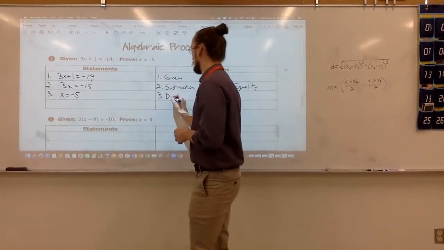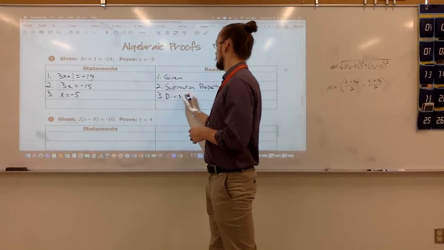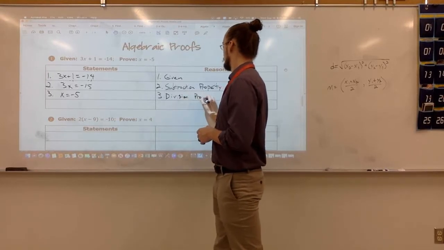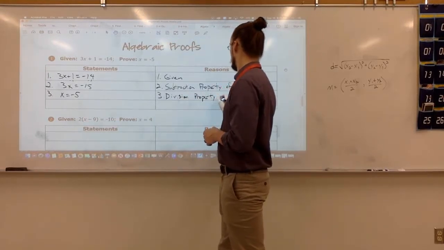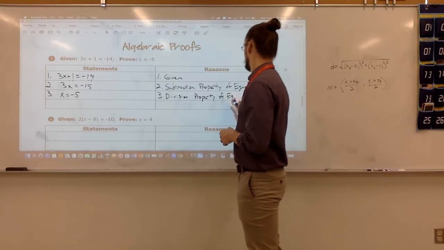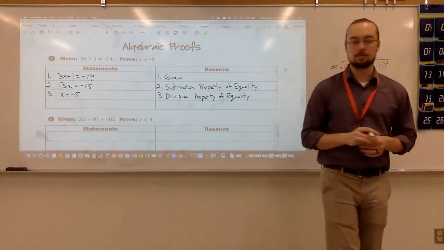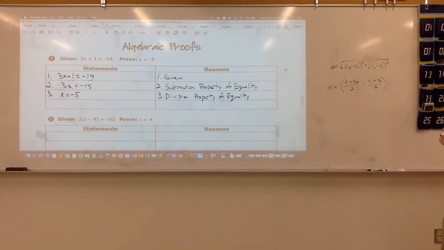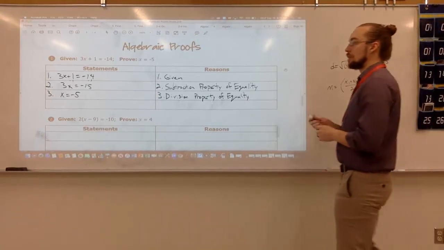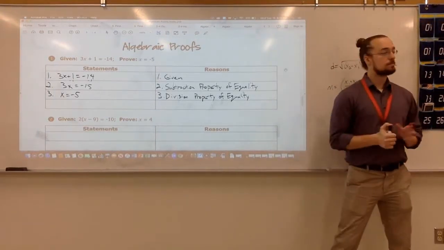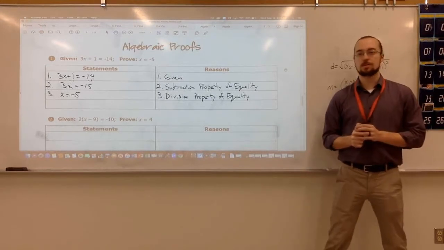So that's the division property. I don't know why they have an extra line. We okay with this process?